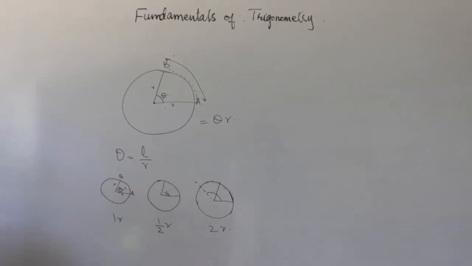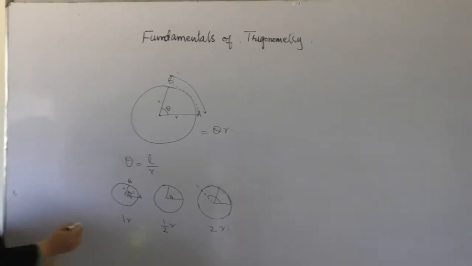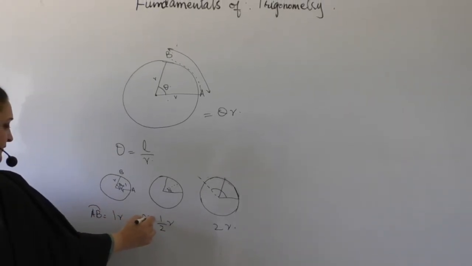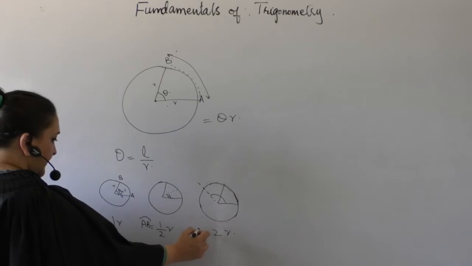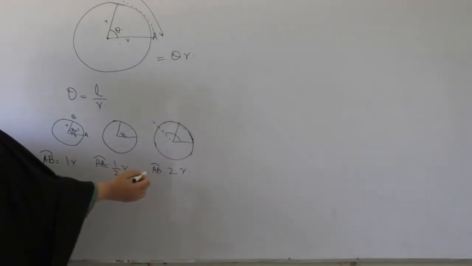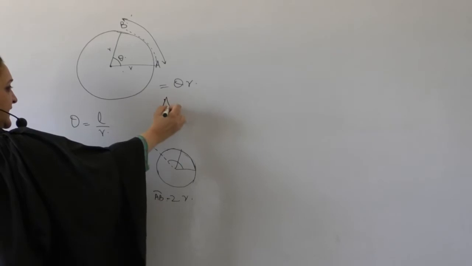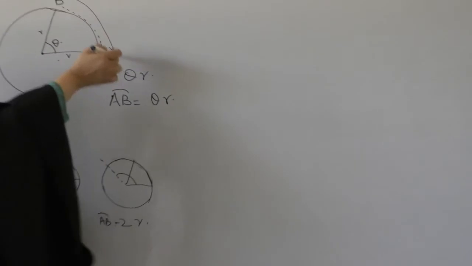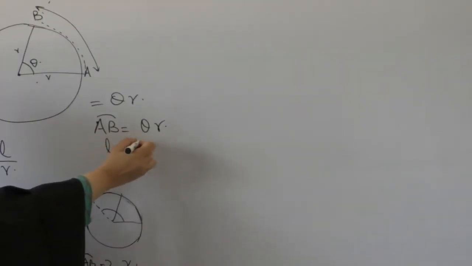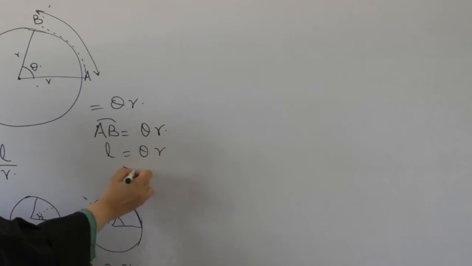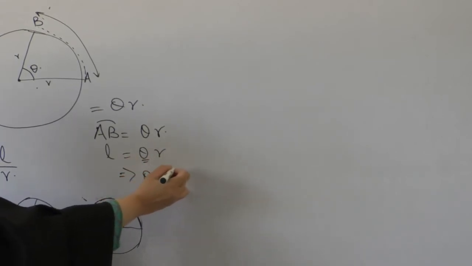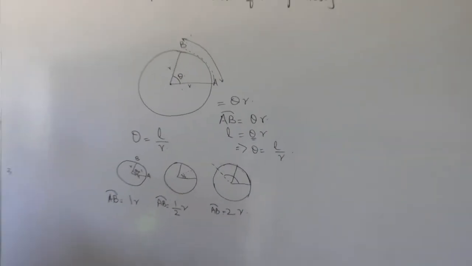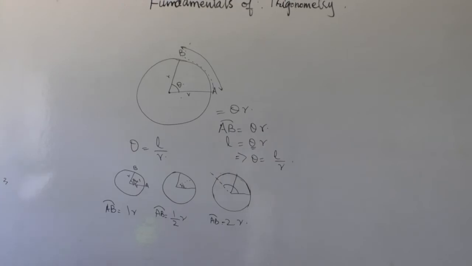So what it shows is that the length of this arc AB, AB is L, and L is equal to theta r. It implies that theta is equal to L over r. Here the formula is proved.